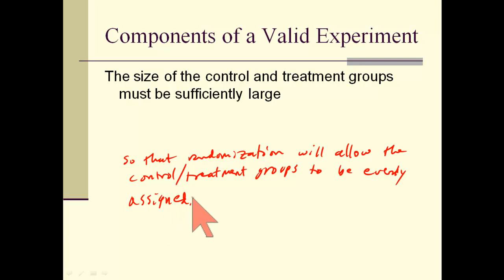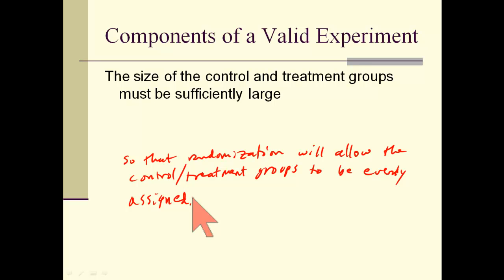What I mean is, suppose you have a group of men and a group of women, and you decide to choose 3 of each for a control group and for a treatment group. With such small numbers, it's quite possible that all 3 people who are chosen for the control group will be men, and all 3 people who are chosen for the treatment group will be women.